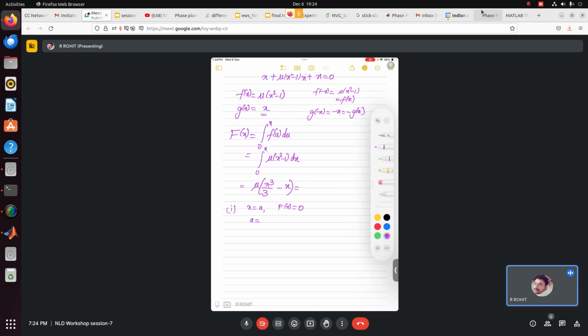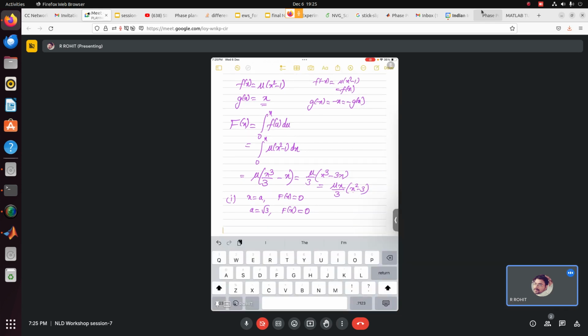If you take the 3 out, then you are left with x cube minus 3x, and further you reduce by taking x out, so you will get x square minus 3 remaining. Now if you take a equal to root 3, then you can see that your F of x is equal to 0, because x square, root 3 square is 3, minus 3, which is nothing but 0.